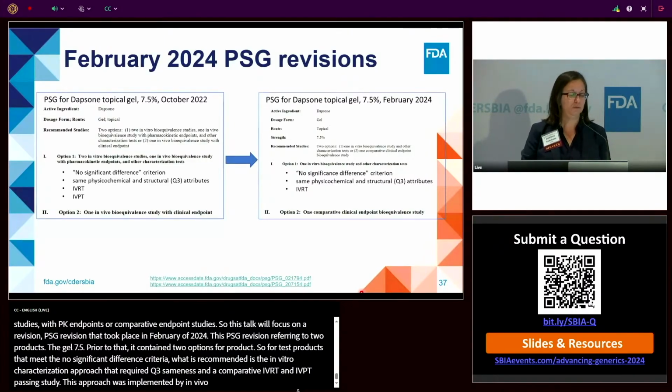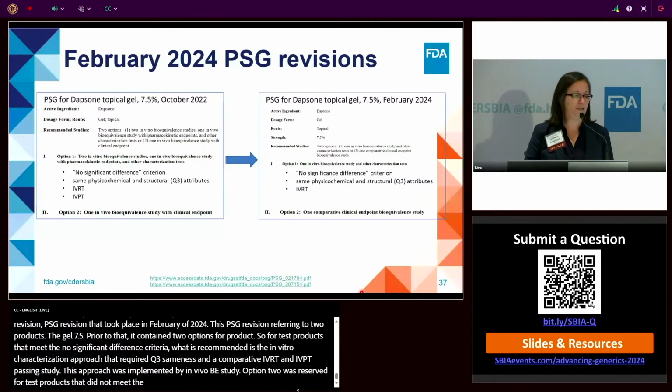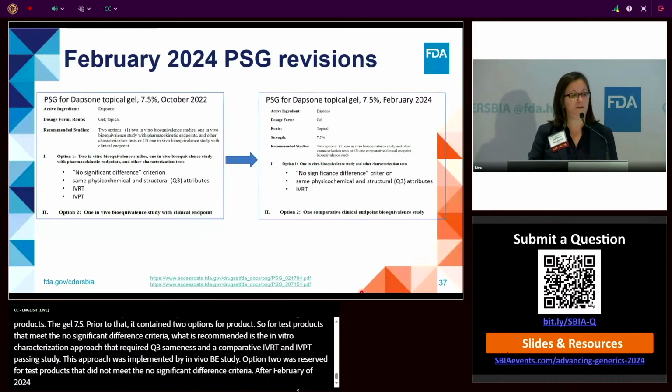Option 2 was reserved for test products that did not meet the no significant difference criterion. After February 2024, this guidance was revised, and option 1 does not include anymore an IVPT study or an in vivo BE study with PK endpoints.